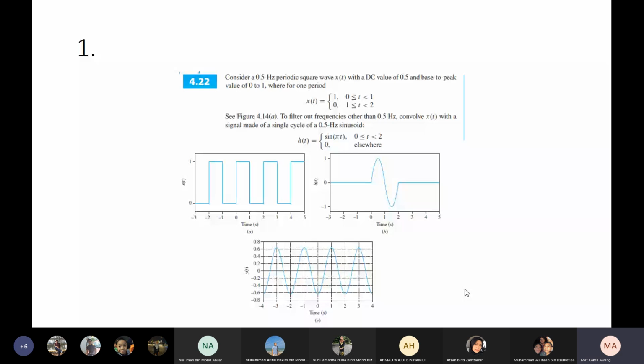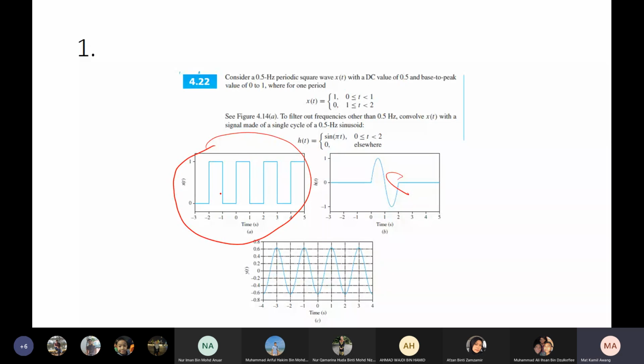Okay. Consider that you have a 0.5 Hertz periodic square wave, x of t, which is this one, with a DC value of 0.5.